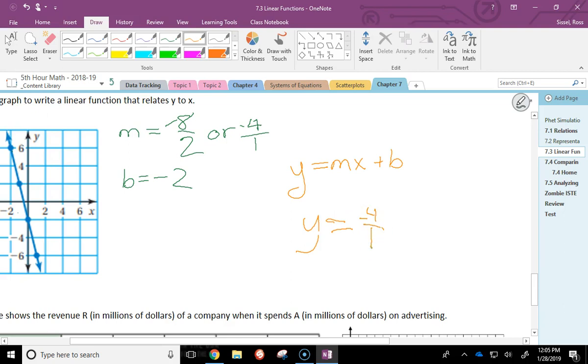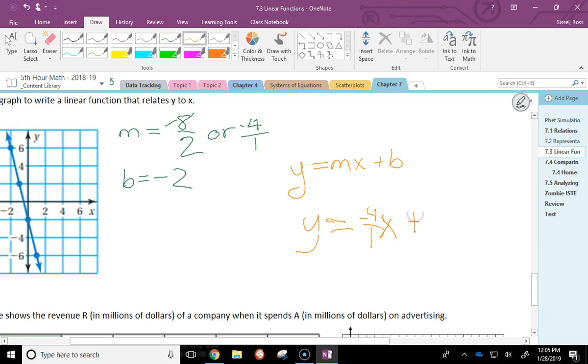Our x stays there because that's going to be our x coordinate. So you will write x. So when you guys write your linear equations, we should always see a y and an x because when we look at a line, I can choose any coordinates and I can replace x and y with that coordinate point. Okay, b. What was b? Negative 2. So you write negative 2.